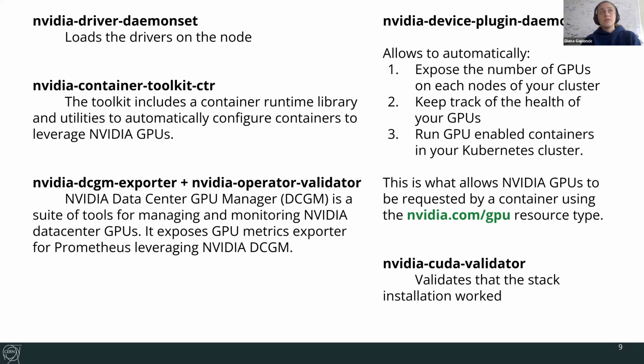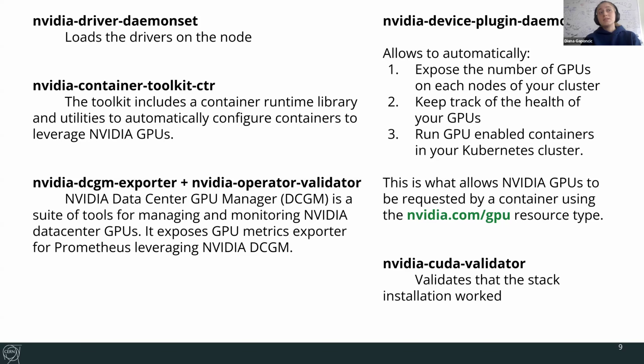First of all, you have an NVIDIA driver daemon set, which is a component that is aware of your kernel version, your OS version, and actually loads the drivers on the node. So you don't have to care about this yourself. Then we have NVIDIA Container Toolkit, which makes the container runtime aware of how to run containers that have GPUs or need to use the GPUs.